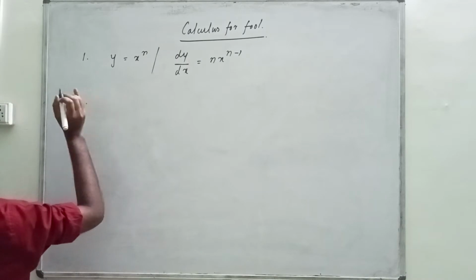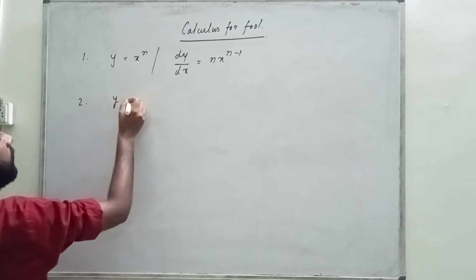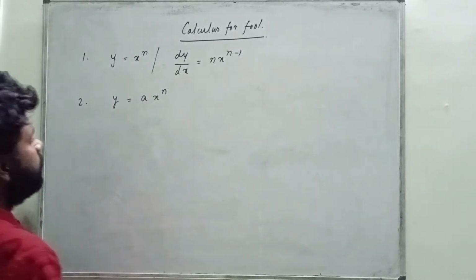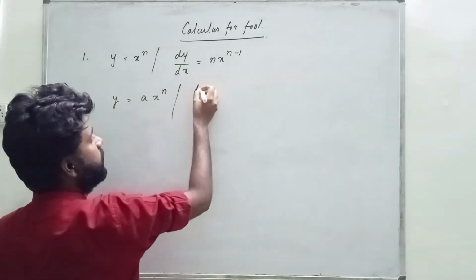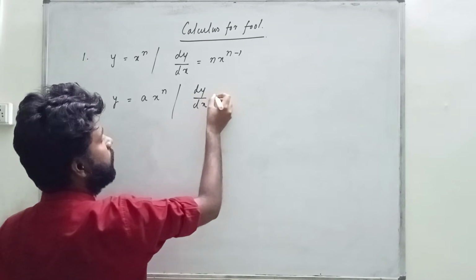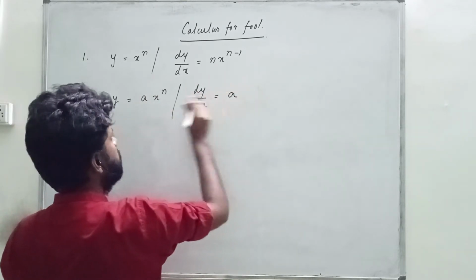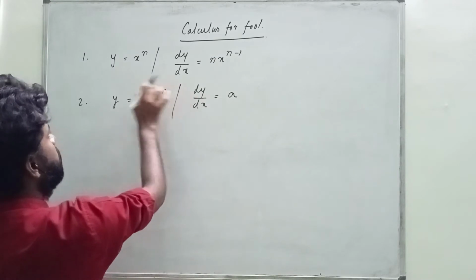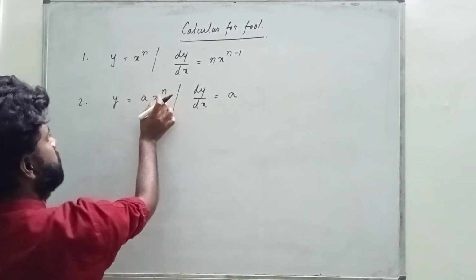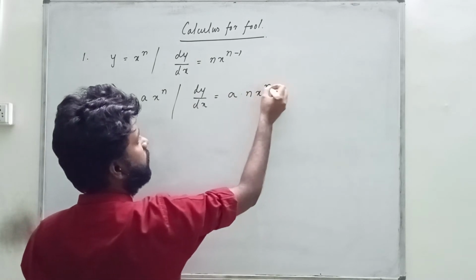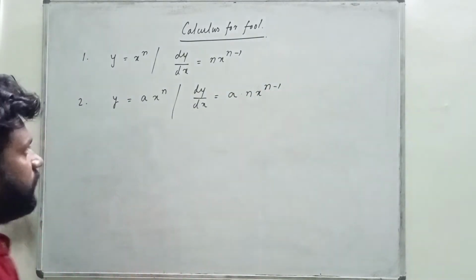Secondly, if y is some constant in x power n, so the dy dx goes to the constant remains constant and the x power n here, dy dx of x power n equals nx power n minus 1, right?